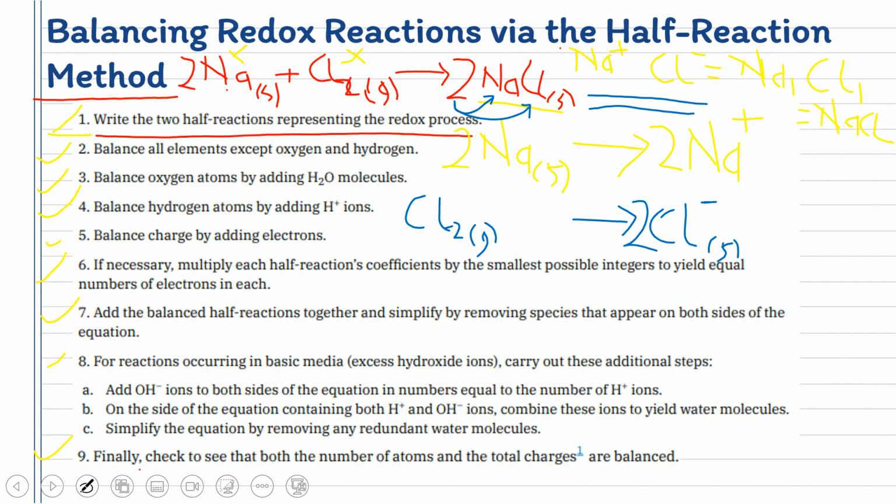Any questions? This is just a recap, okay? If you don't remember or you're lost, I'll just encourage you to, at this moment, pause, go back to what we did under the beginning of redox reactions, because you're going to need that.